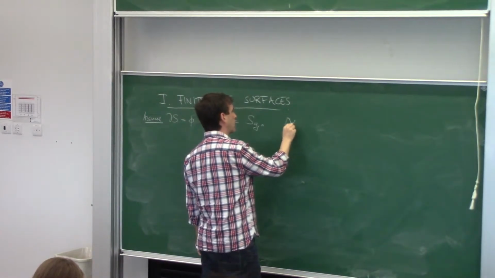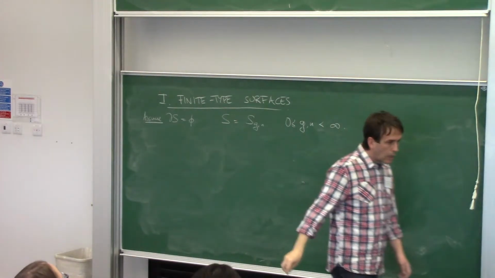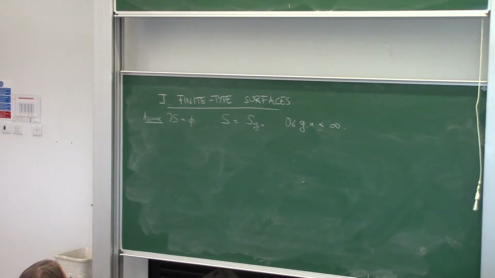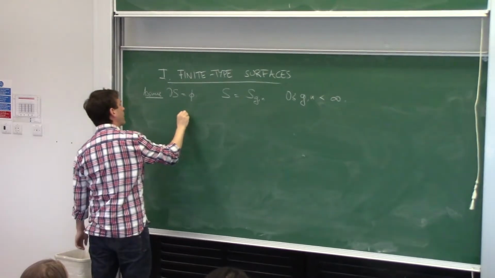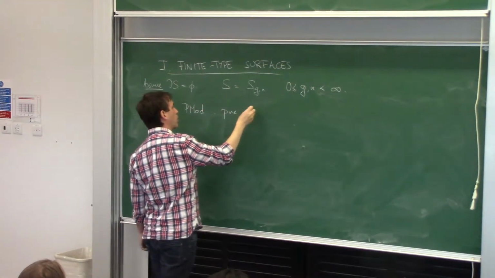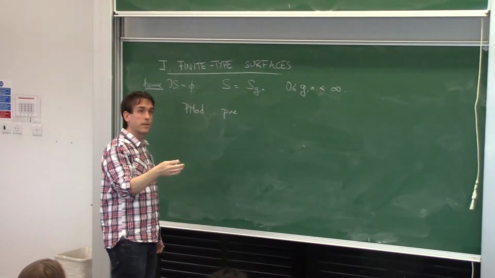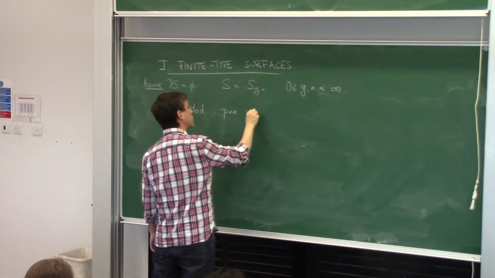So 0 ≤ g, n < infinity. I'm interested in the pure mapping class group, the subgroup of the mapping class group whose elements fix every puncture.